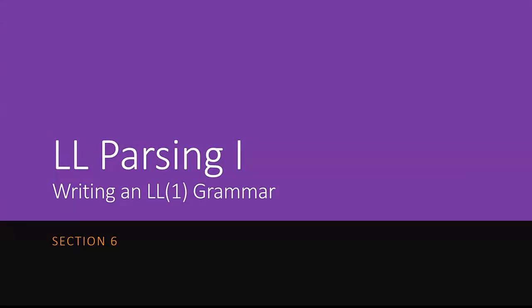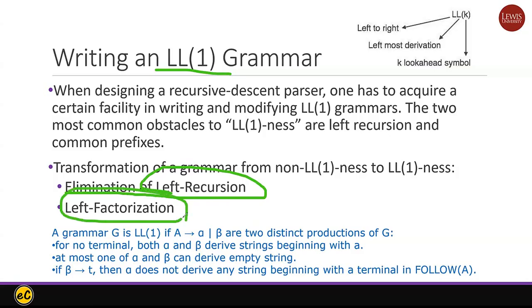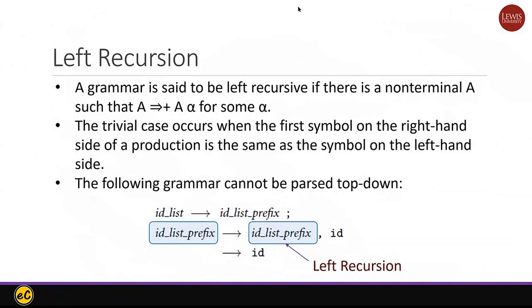Okay, next one is writing the LL1 grammar. So before you develop the compiler or the parser, you need to write your grammar. And LL grammar has a certain rule that you need to follow. Number one, you need to eliminate the left recursion, and then also you need to remove the left factorization. So the so-called left recursion is that if you have a term that you call your term by itself, this is called left recursion.